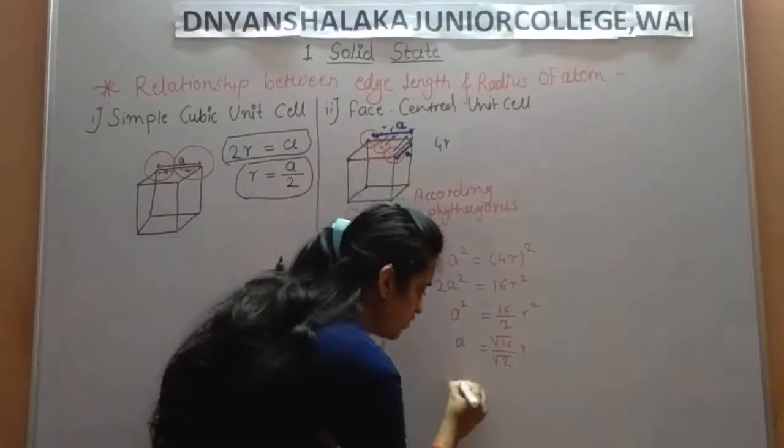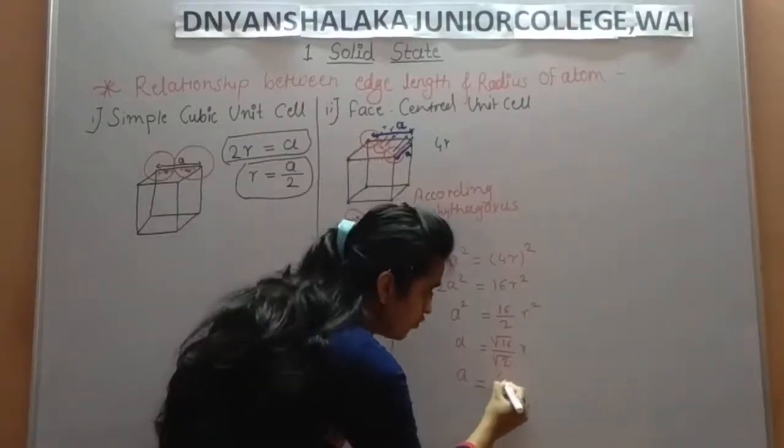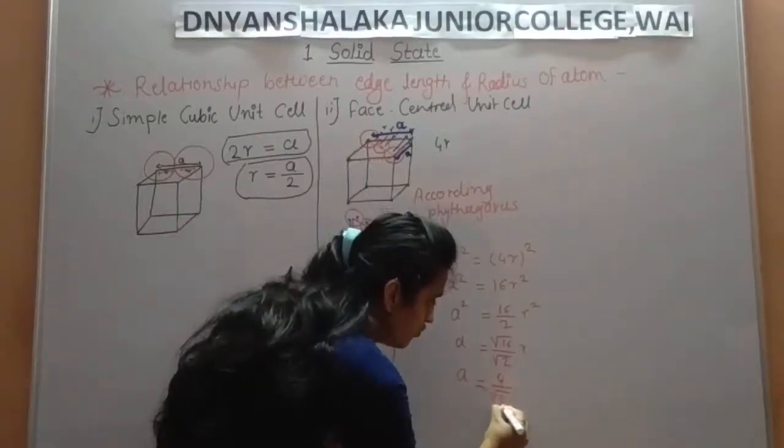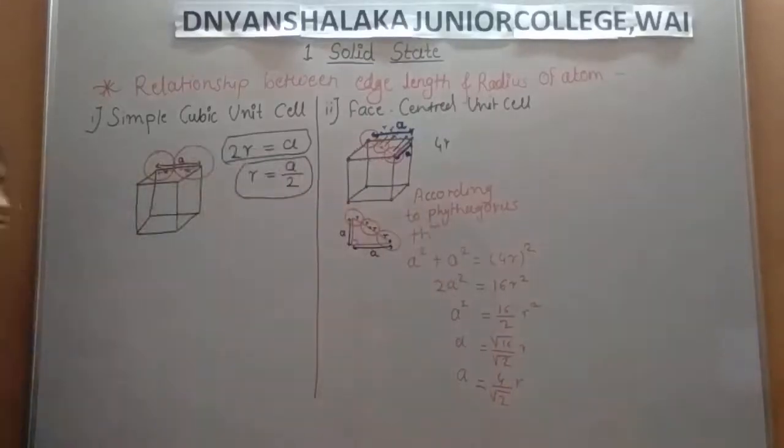Root 16 means 4, so A is equal to 4 upon root 2 into r.